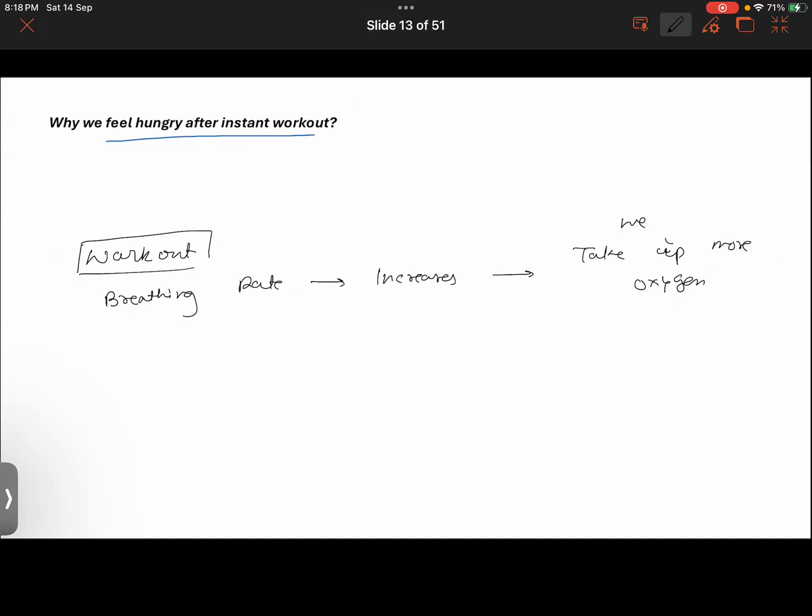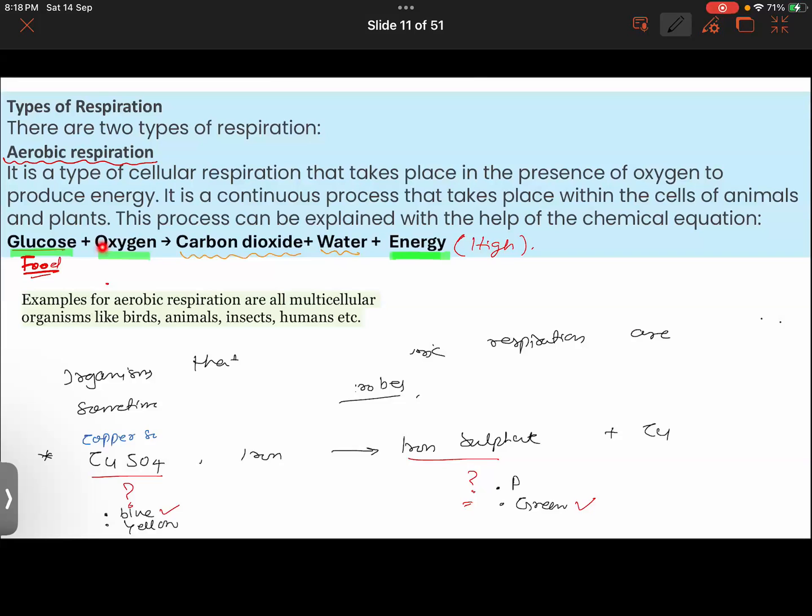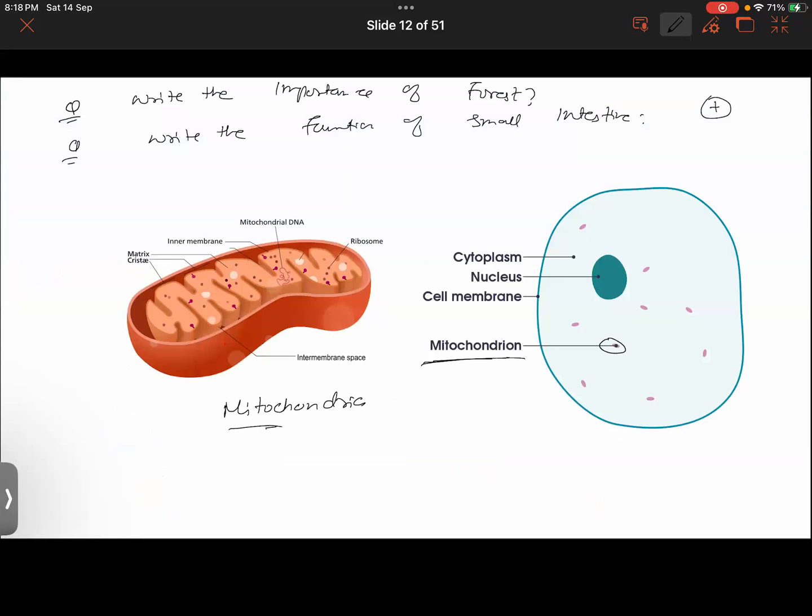If more oxygen is being taken up, the process of breaking down food into energy will speed up. The breakdown of glucose will increase when more oxygen is available. Getting it?